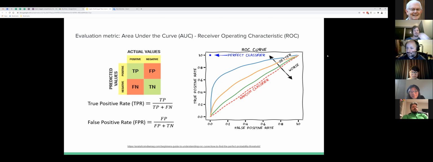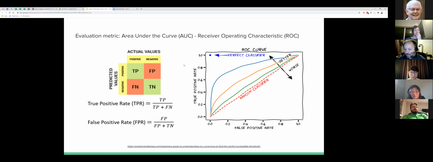Anything above 0.5 is classified as positive, anything below is negative. You would be able to plot your outcome on a confusion matrix, with true positives, true negatives, false positives, and false negatives. From that, you would be able to work out the true positive rate and the false positive rate.